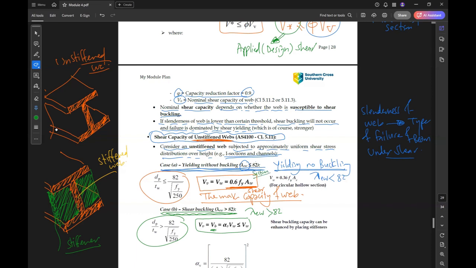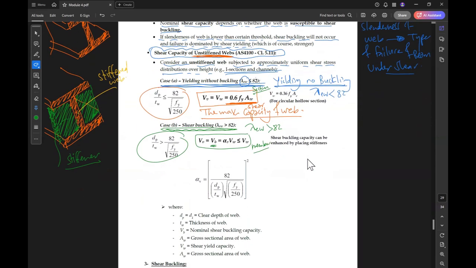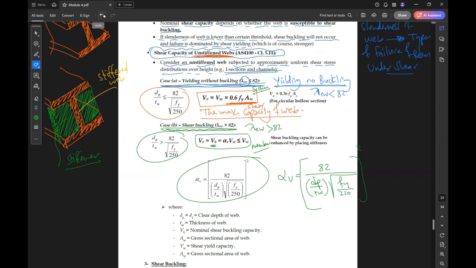We can call this the section shear capacity and this the member shear capacity, where alpha_v is this formula: alpha_v equal to 82 over d_p over t_w times root of f_y over 250, all squared.